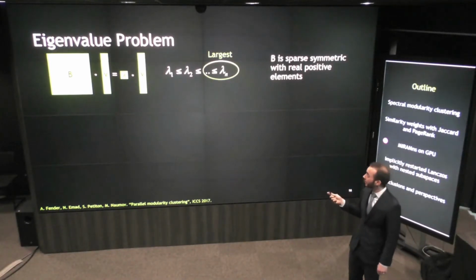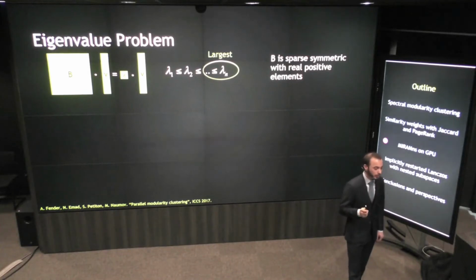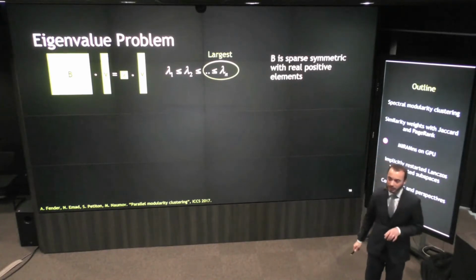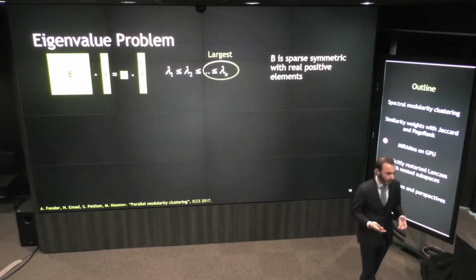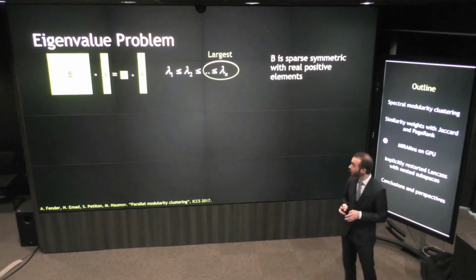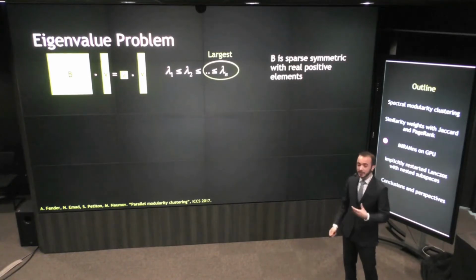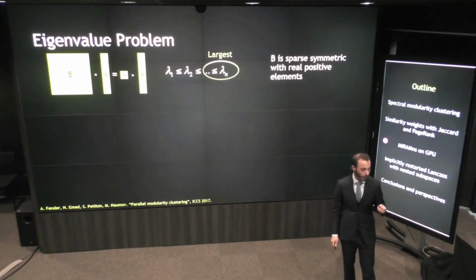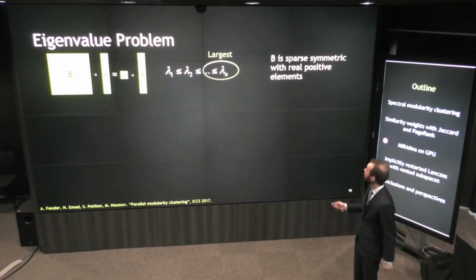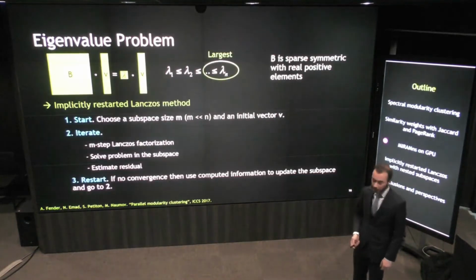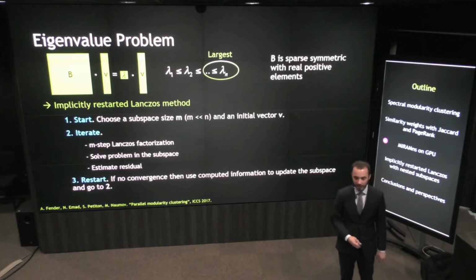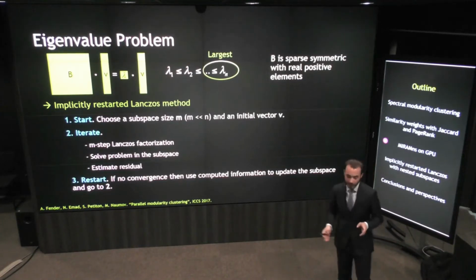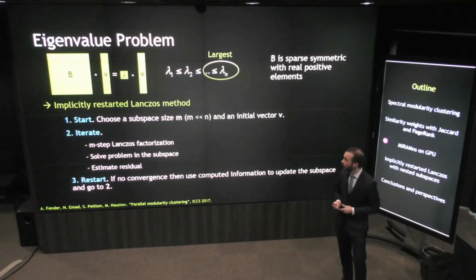Usually we compute as many eigenvectors as we want clusters, but we also showed that we could compute fewer eigenvectors and still compute a larger number of clusters, which is very relevant because we can reduce the computational cost and still have a good approximation of the clustering. Because of the properties of the matrix B, we can use the Lanczos method, and in particular the implicitly restarted Lanczos method, which has the nice advantage that it limits the memory requirements.